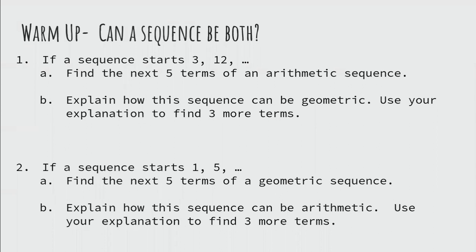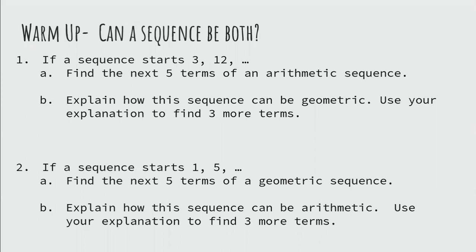All right, so here we go. The warm up. And this is why I asked you to bring paper and pencil. If a sequence starts 3, 12, find the next 5 terms of an arithmetic sequence.